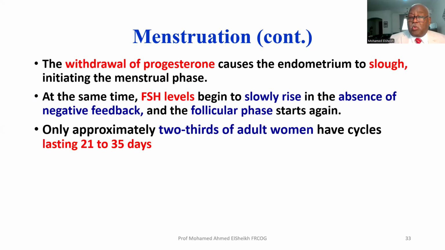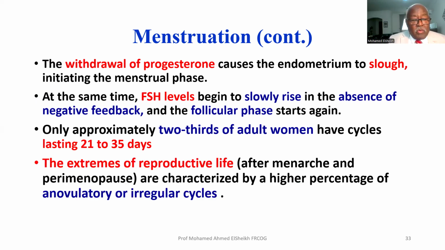Only approximately 2/3 of adult women have cycles between 21 to 35 days. Others are outside these ranges. So, in the extremes of reproductive life, let's say early after menarche and in the perimenopausal period, these periods are characterized by a high percentage of anovulatory cycles and or irregular cycles.